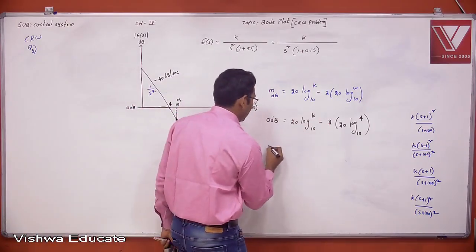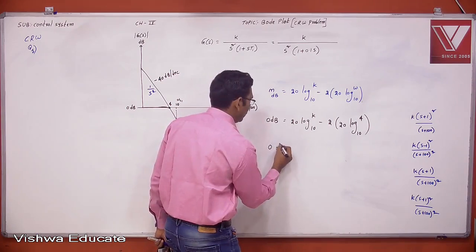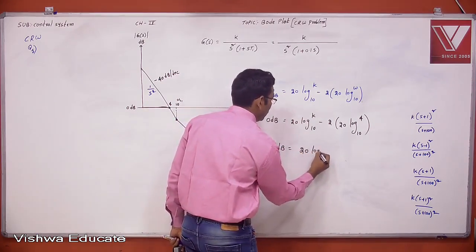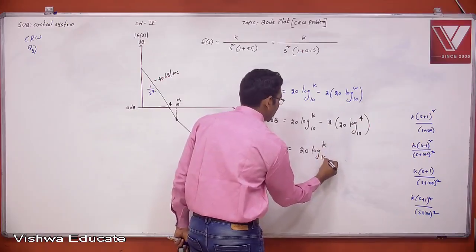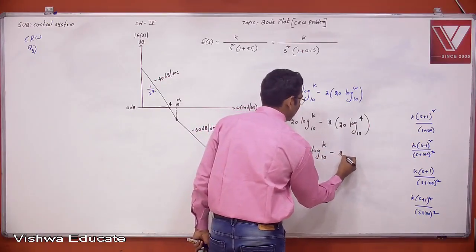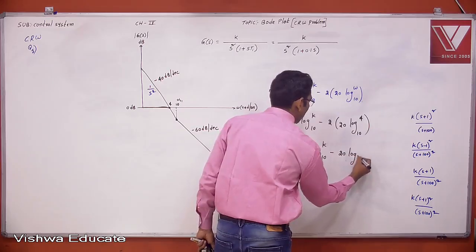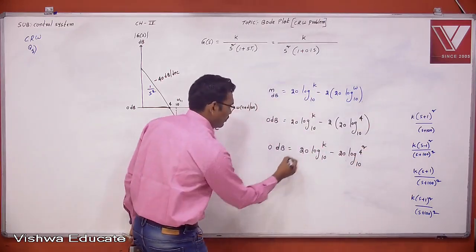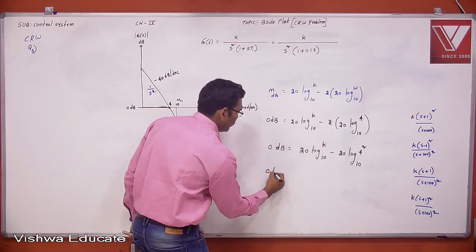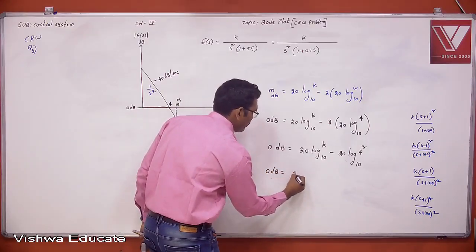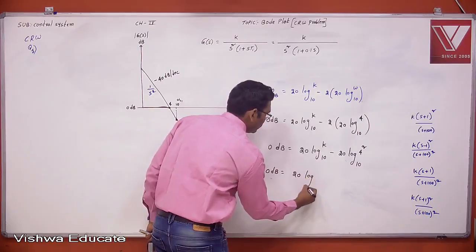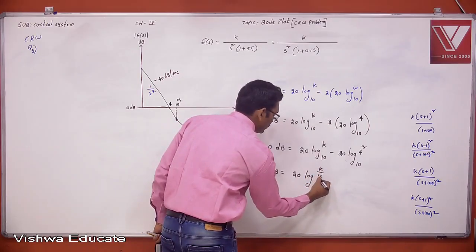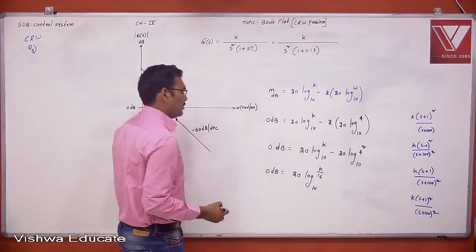Which means 0 dB is equal to 20 log K base 10 minus 20 log 4 square base 10. Therefore 0 dB is equal to 20 log K by 4 square, K by 16, base 10.